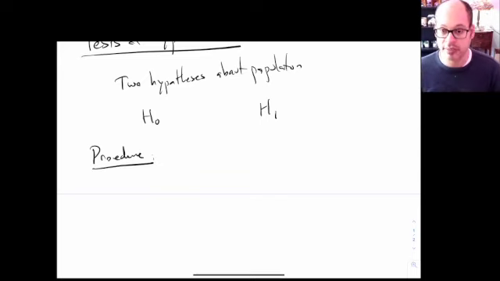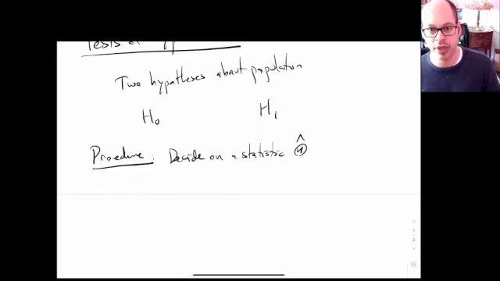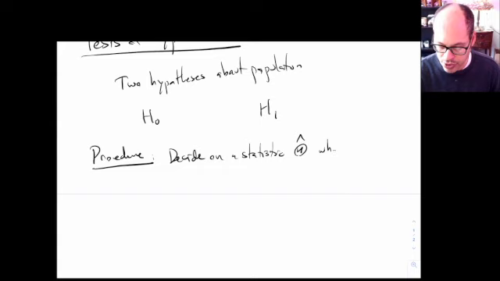Of course we need some decision criteria. So what are we going to do? We're going to decide on a statistic, some random variable, which is a function of our observations, whose value will tell us which to choose.